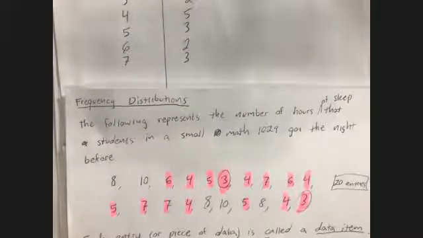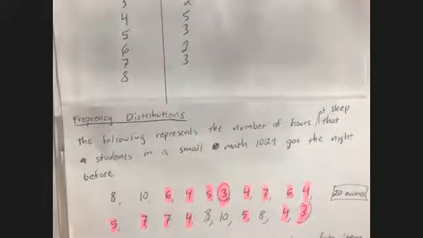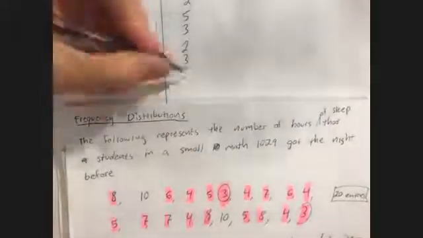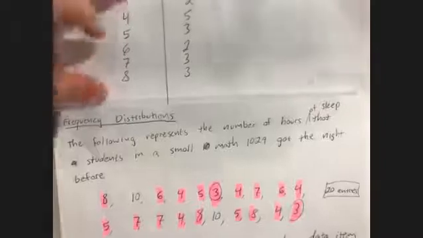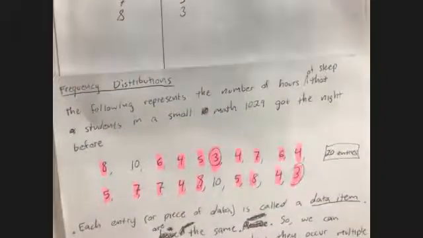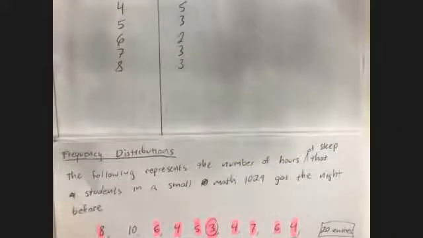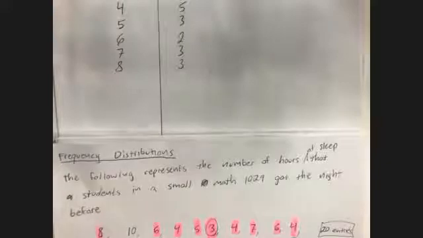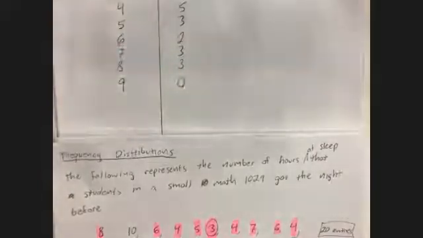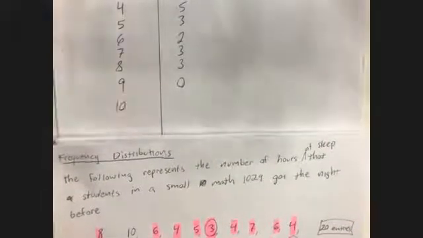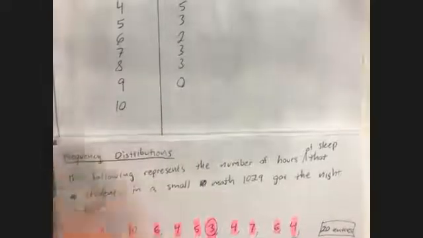And then 8. There are 1, 2, 3 of those. There are no 9s. So I could list the 9 if I wanted to. I don't need to. I think I'm going to put 9 just so I can put a 0, because where I might go with this. So I'll put a 0 there because there are no 9s. If you left it blank, that would be fine too. And there are 2 10s.